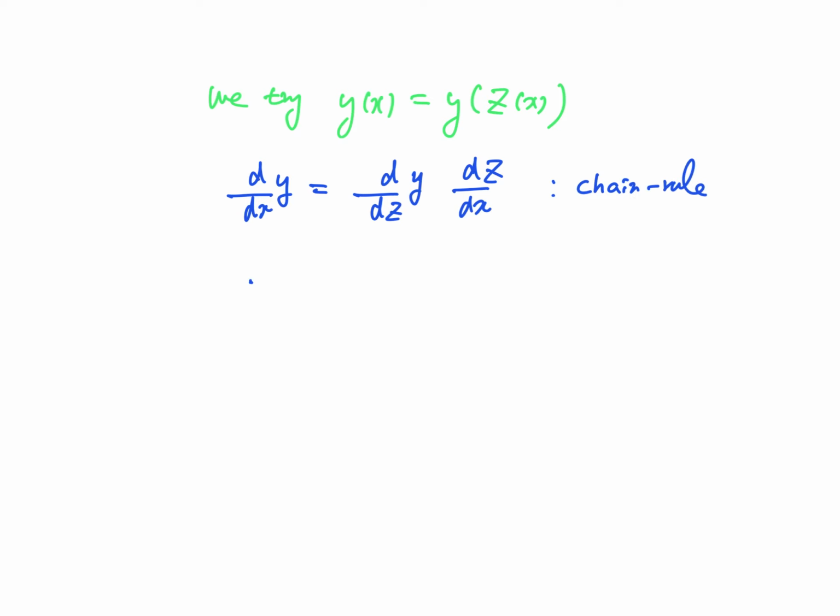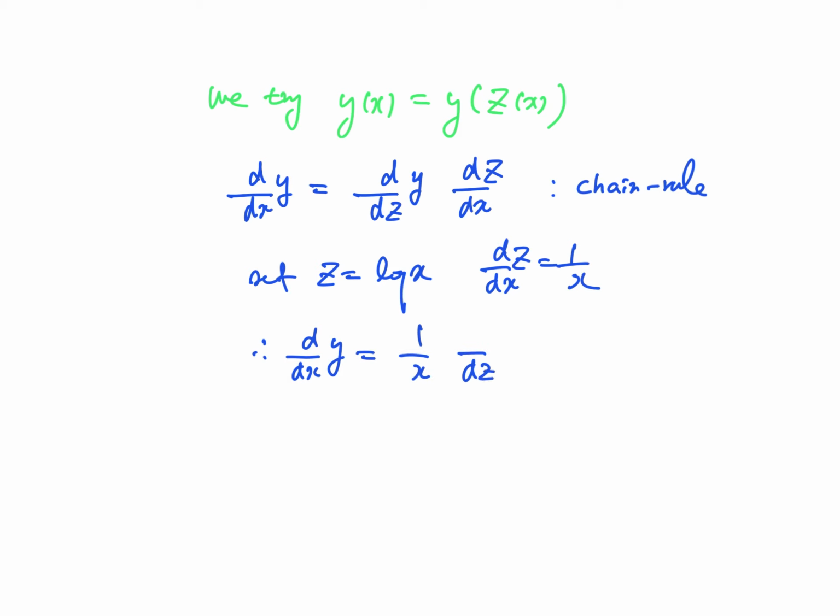If we set z as log x, then dz/dx is 1 over x, right? So dy/dx is 1 over x times dy/dz, or x dy/dx is dy/dz.